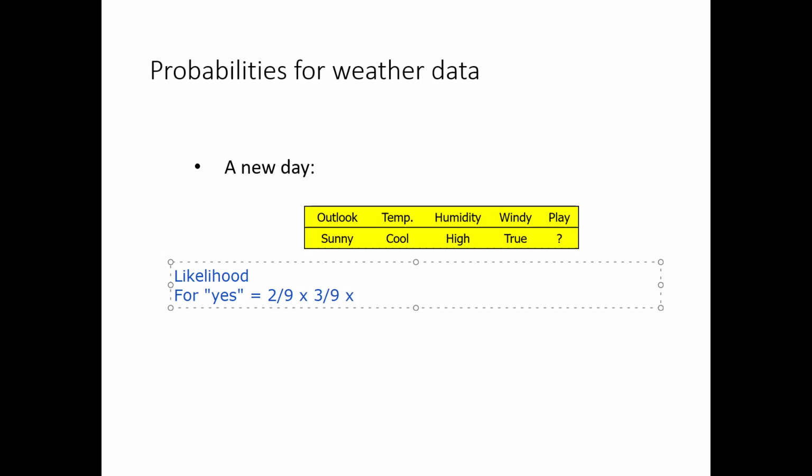Look at humidity high. Again, 3 out of 9, multiplied by the last one, wind is true. Again 3 out of 9. And finally you multiply by the class being yes. The probability is 9 out of 14.